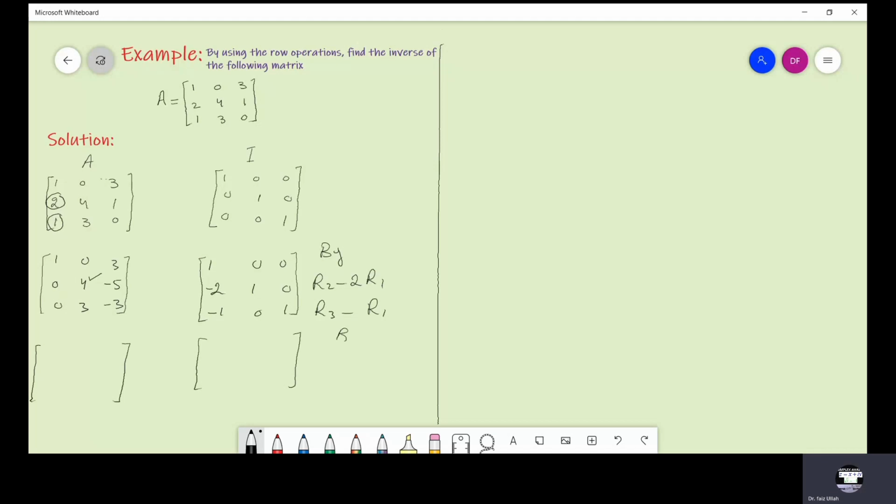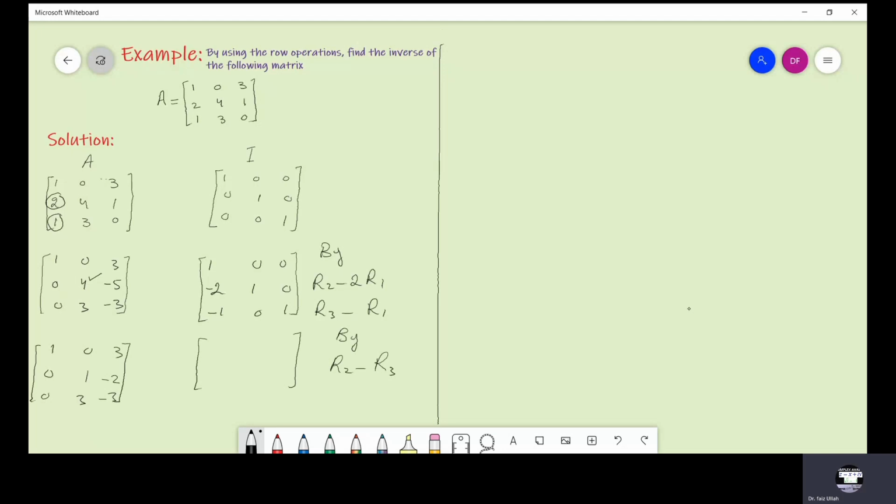The row operation is R2 minus R3. We get 1, 0, 3, 0, 1, minus 2, and 0, 3, minus 3.